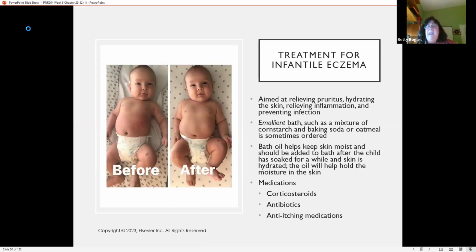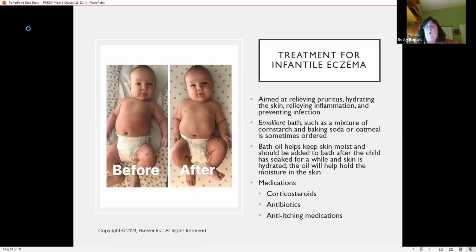Well, with any rash in children, one of the things always will be to keep it lubricated, to get it moist, hydrating it. There are so many good products that we use today. They're getting better and better.